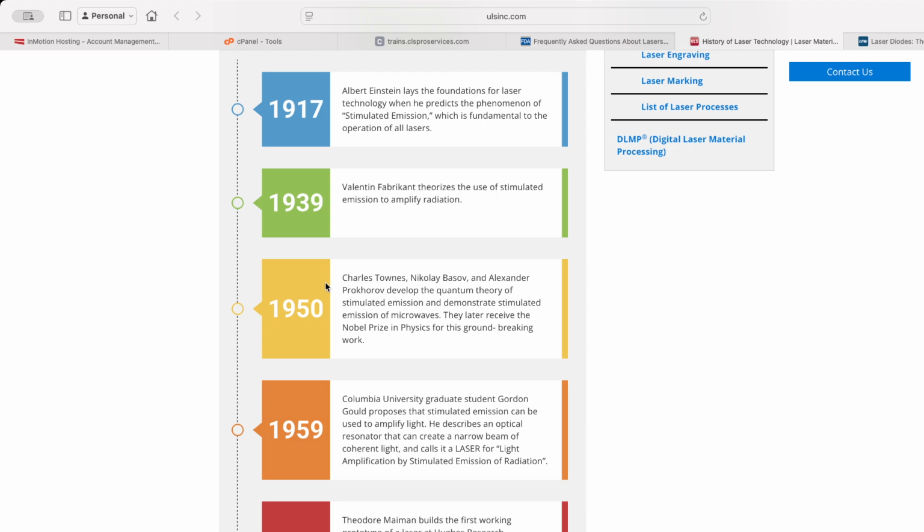But you see, even in the 1950s, there really are three guys that actually developed the quantum theory of it and demonstrated stimulated emission of microwaves. They got a Nobel Prize in Physics for this work.